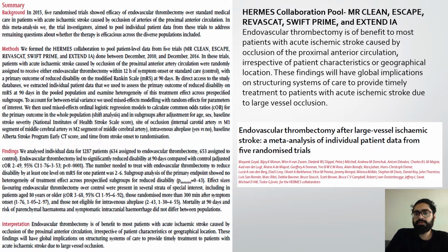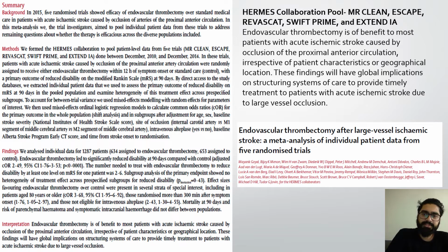So their conclusion was that endovascular thrombectomy is of benefit to most patients with acute ischemic stroke caused by occlusion of proximal anterior circulation. Irrespective of patient characteristics or geographical location, these findings will have global implications on structuring systems of care to provide timely treatment to patients with acute ischemic stroke due to large vessel occlusion.